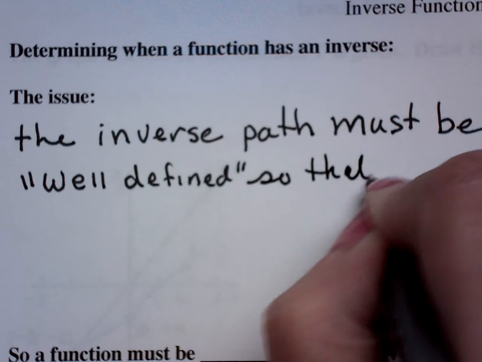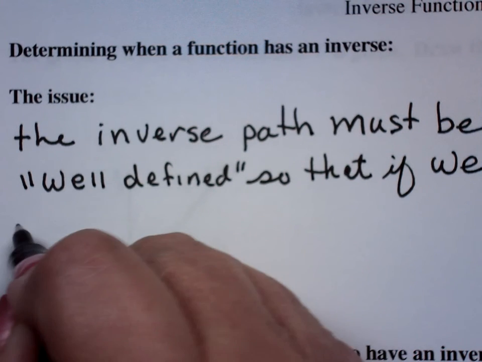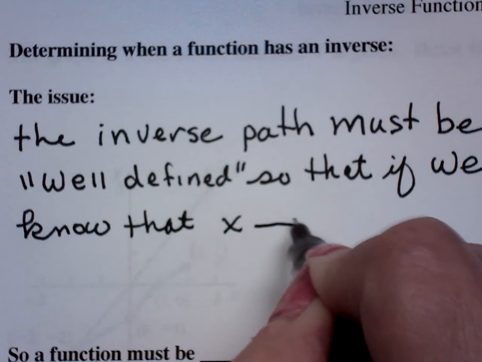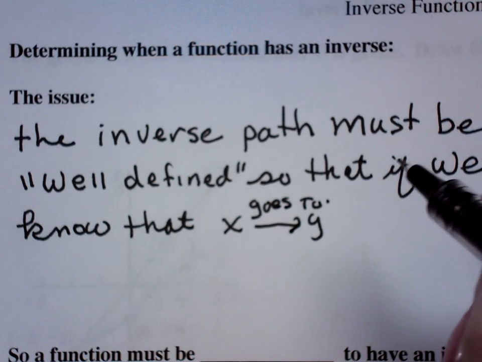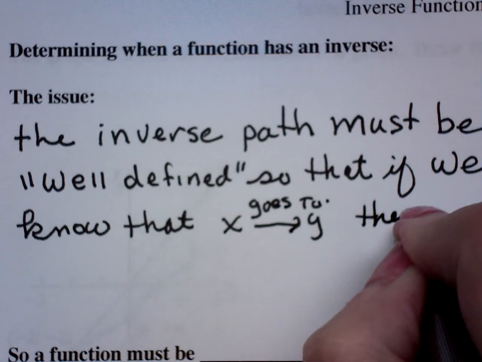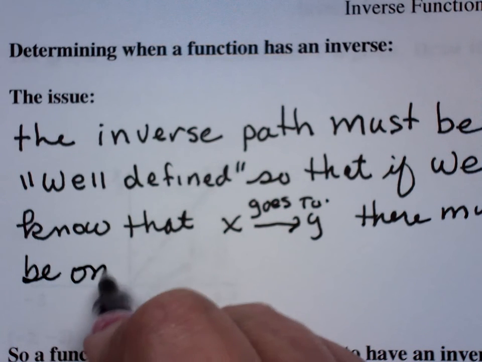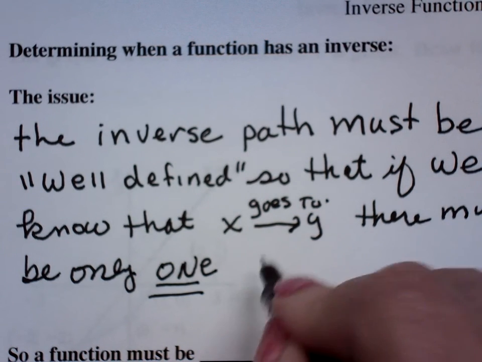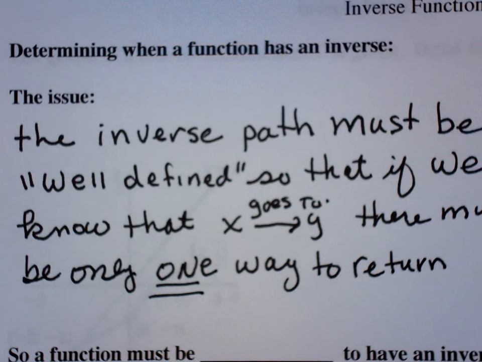So that if we know that x goes to y, there must be only one way to return y to x.